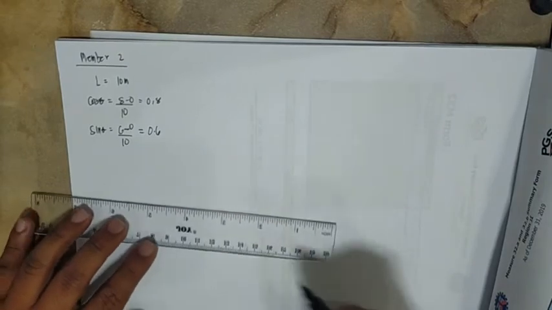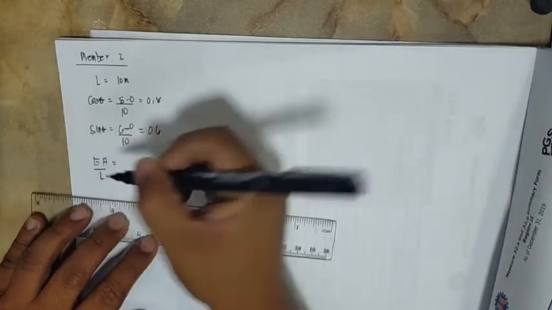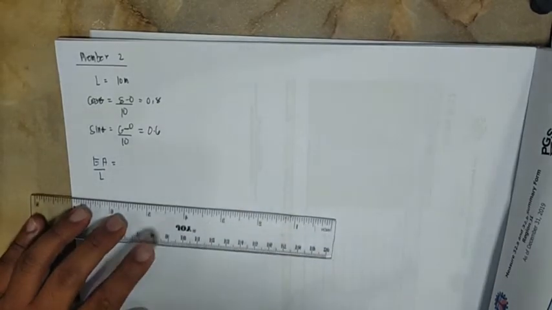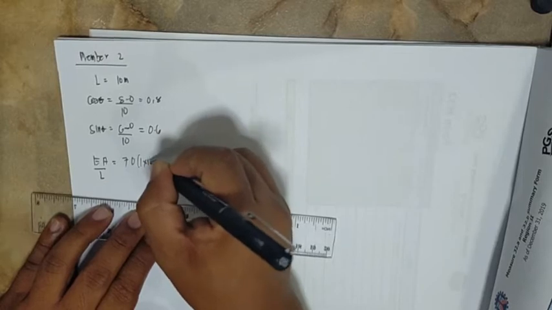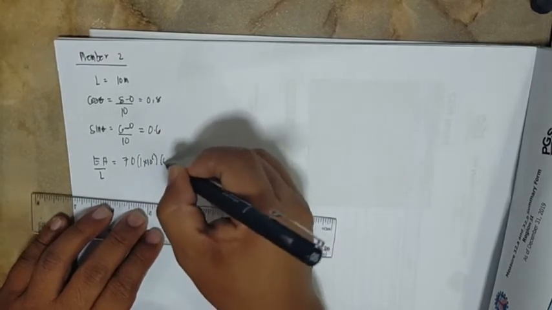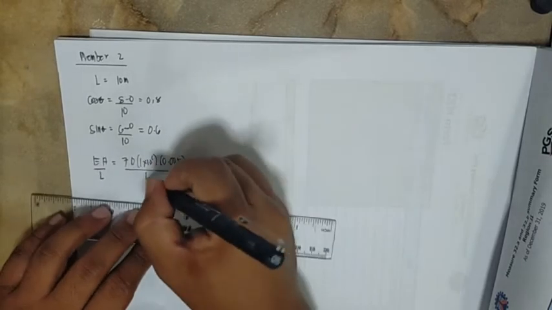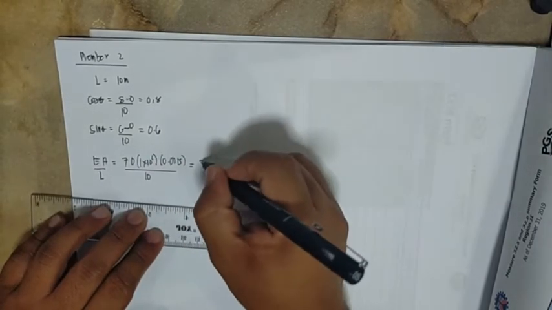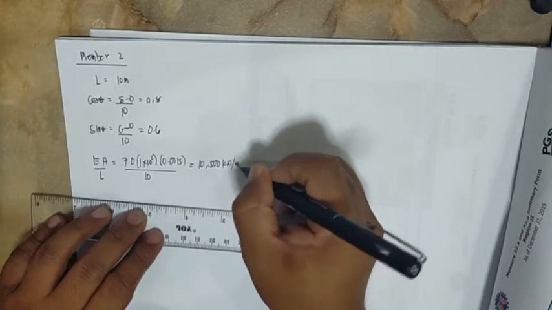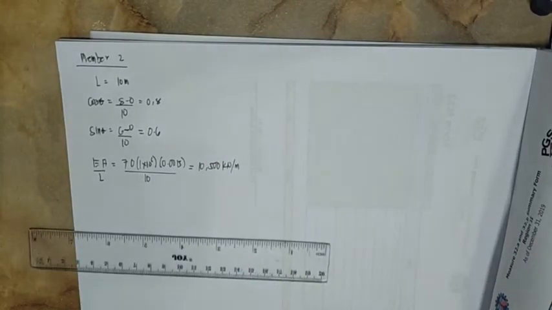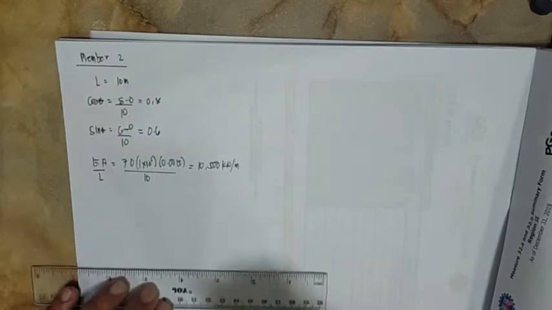Okay? And for EA over L, it will change because length is already longer. 70 times 1 times 10 to the 6 times 0.0015 over 10 is equal to 10,500 kilonewtons per meter. So now we can create now the structure stiffness K2.